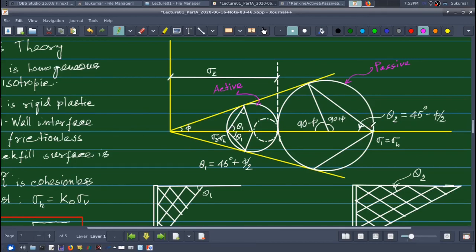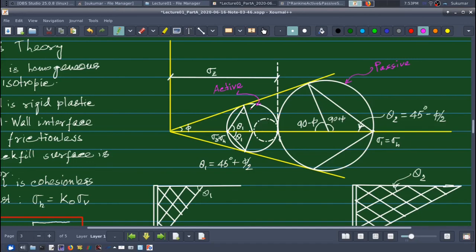The maximum lateral pressure that causes the failure is passive earth pressure, and when the soil doesn't fail, that is, without any lateral strain, then the lateral stress acting on it is my earth pressure at rest.